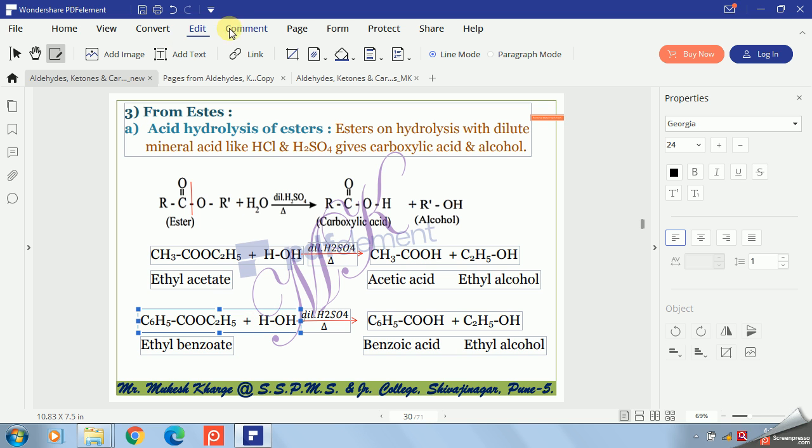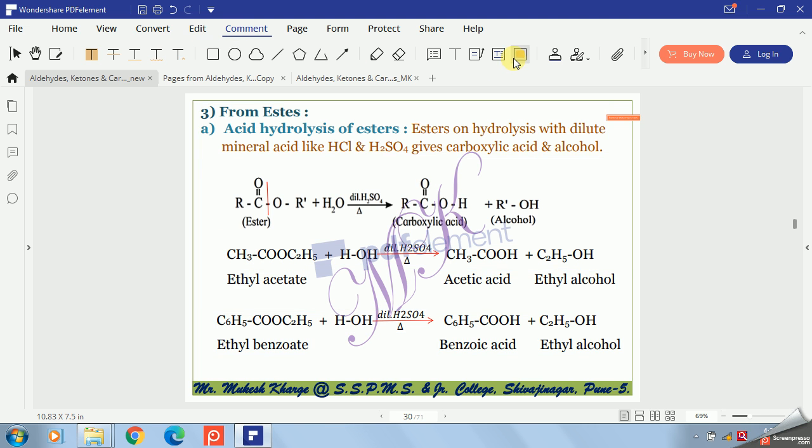I'll show the breaking of the bond between these two. Your OH will attack on this carbonyl carbon, and we have to break the bond between carbonyl carbon and oxygen.